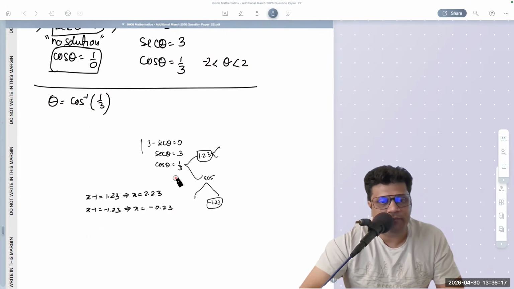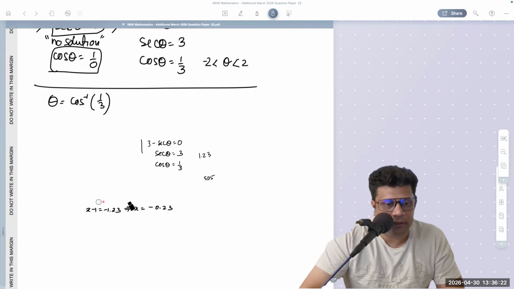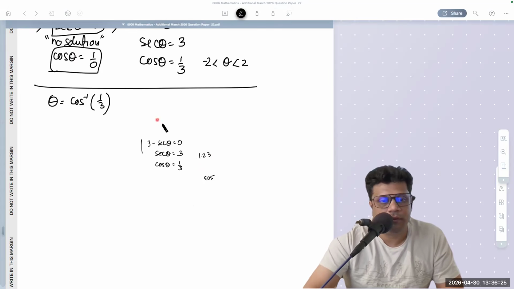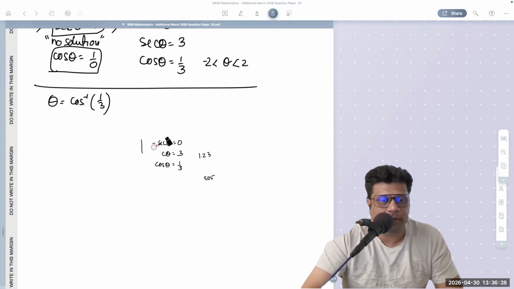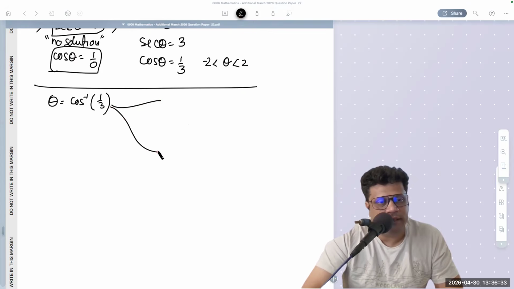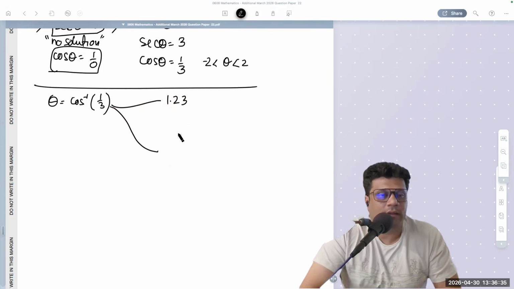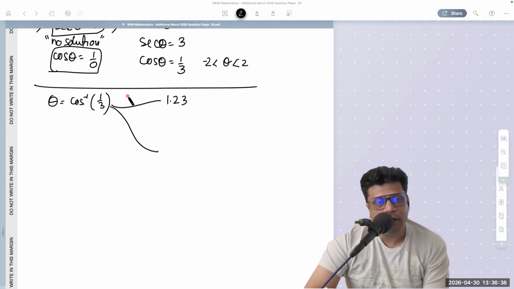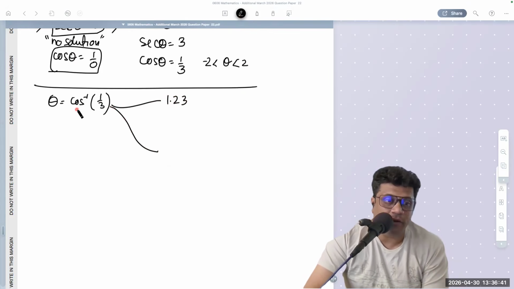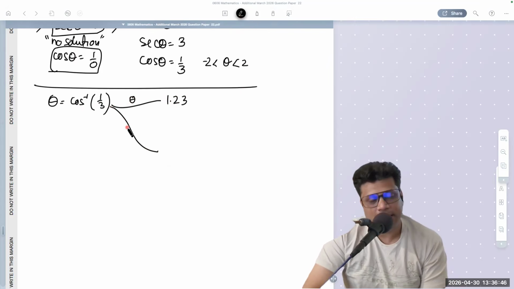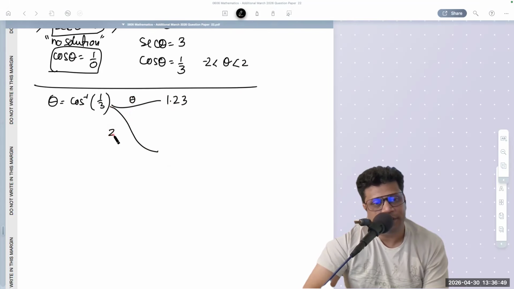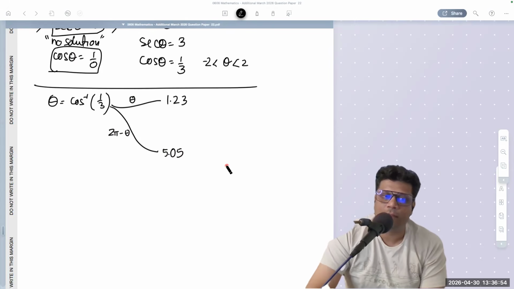And cos theta equal to 1 by 3 comes to these two, 1.23 and 5.05. Let's do it. From the calculator, this must fetch you 1.23. Now, the point is, if you're doing a cos inverse and this is what you get as the primary angle, remember the other one will always be 2 pi minus that, 5.05 it comes to.